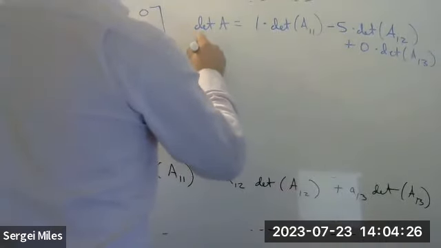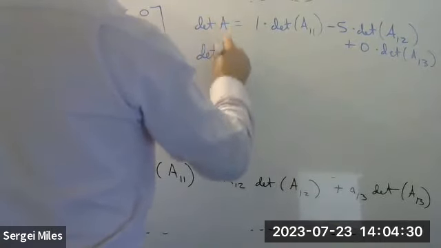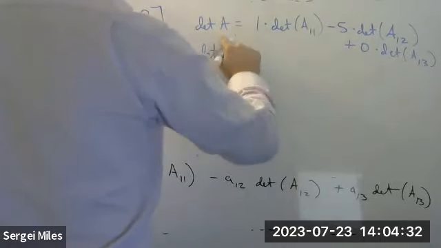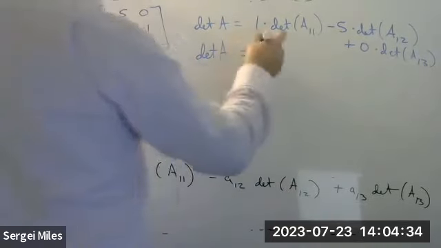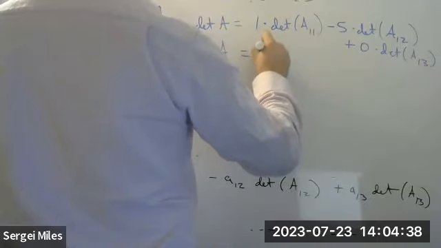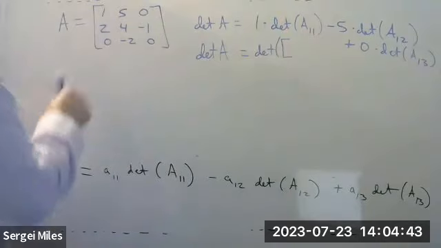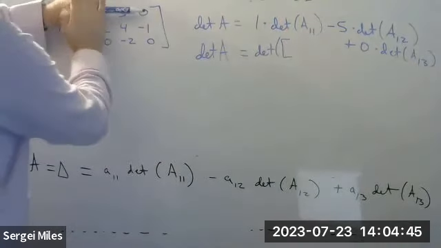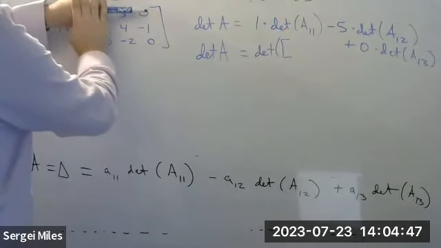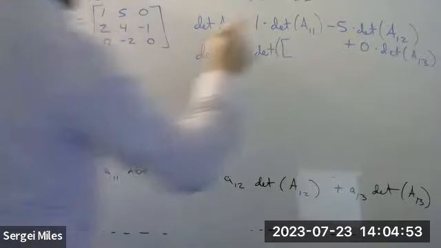So what's our determinant then? Well, we're going to have 1 times the determinant of A11. I'm covering up row 1, column 1, which leaves me with this 2 by 2 submatrix, 4, -1, -2, 0.